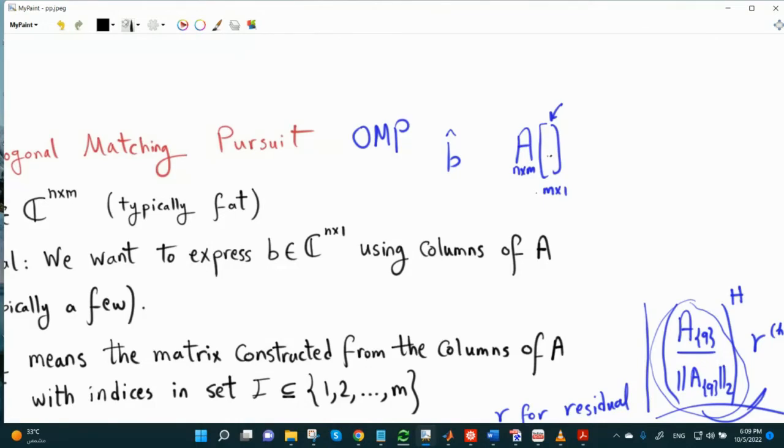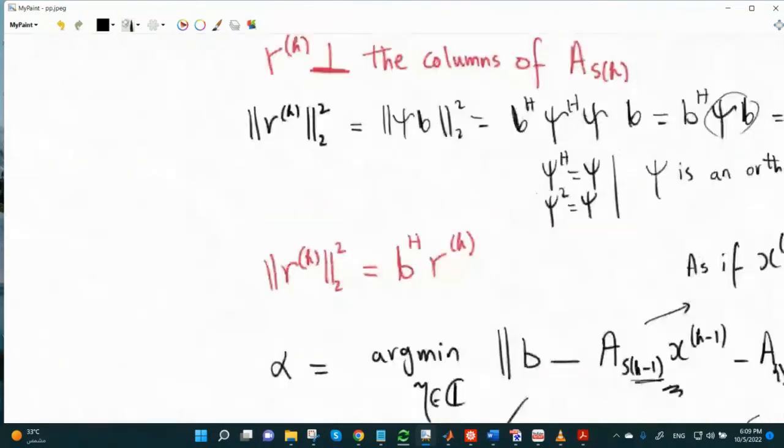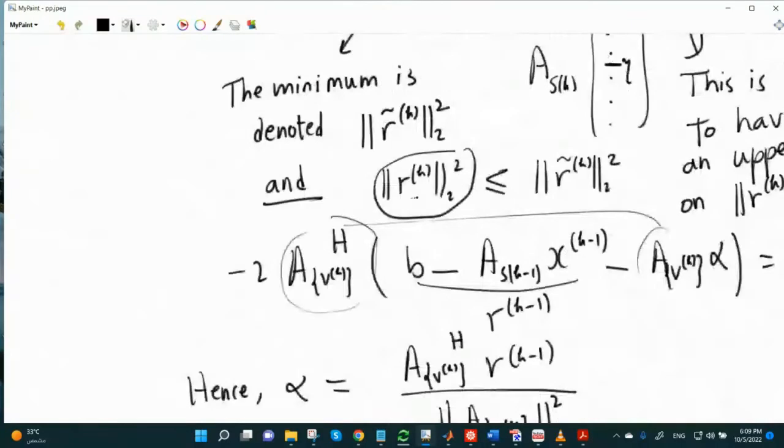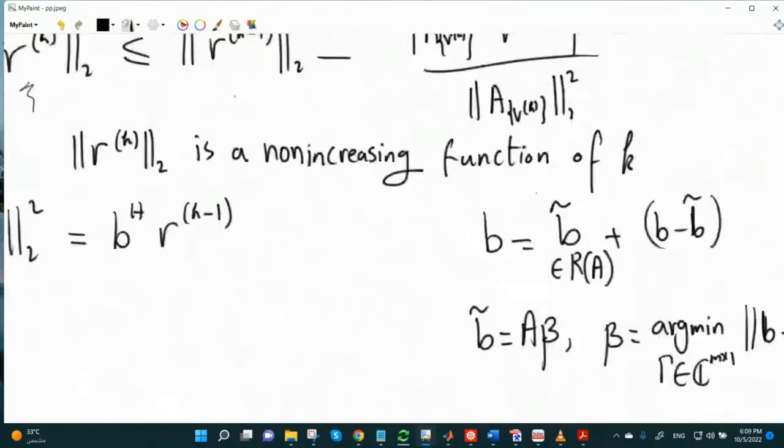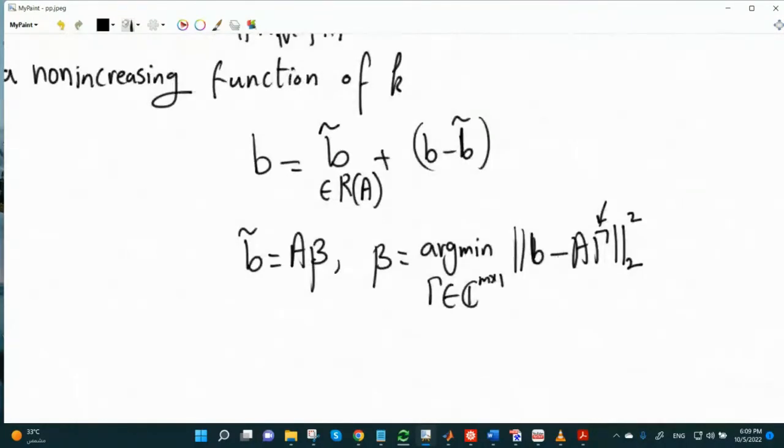This is the objective. So doing this problem, which I wrote down here, what I'm doing is that I am really getting the best approximation for B in the column space of A, using every column in A, but vector gamma here, after it's optimized to get the vector beta, who said that vector beta will be sparse?